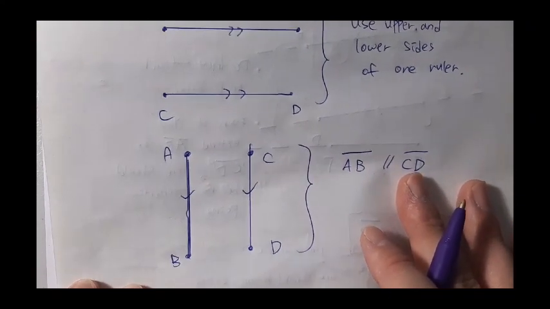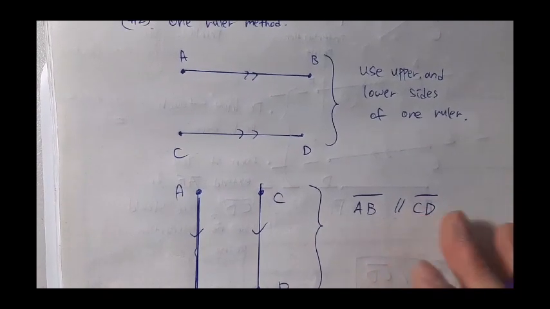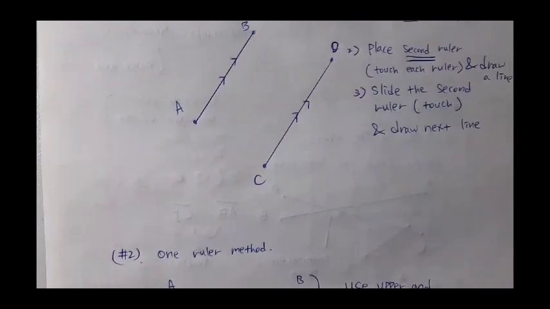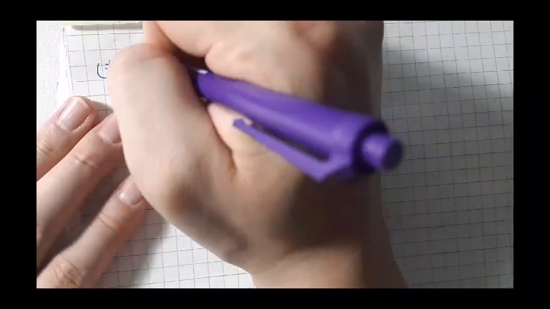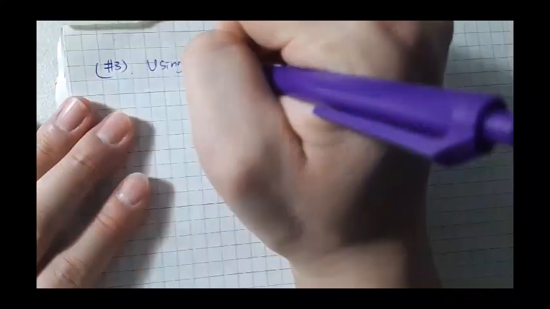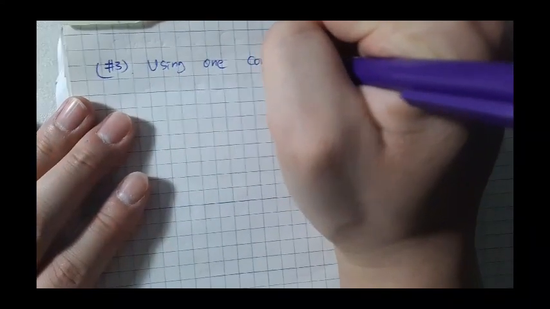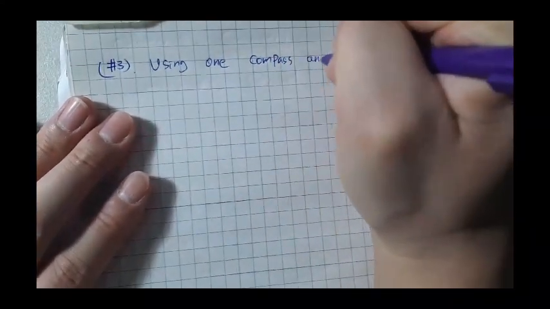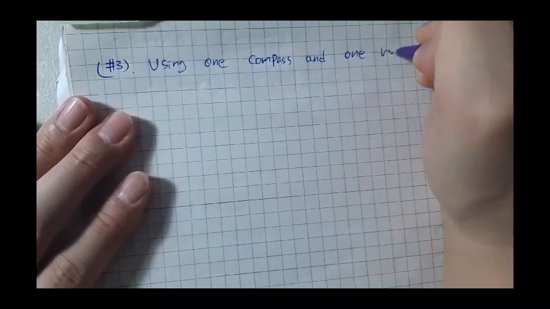Now let's go with number 3. This is the one where we're going to use a compass. So, method number 3. Using one compass and one ruler.